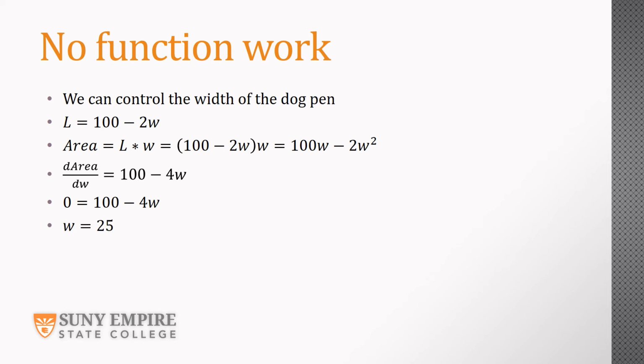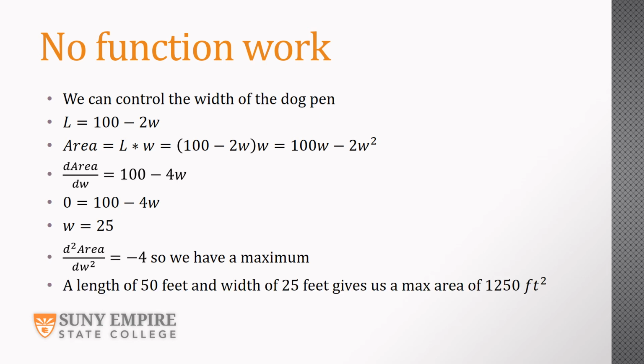Solving, we find that the width should be 25. Taking the second derivative with respect to width, we get negative 4. We have indeed found a value that provides a maximum area. A length of 50 feet and width of 25 provides Farmer Brown a maximized area of 1,250 square feet in the pen for the dogs.